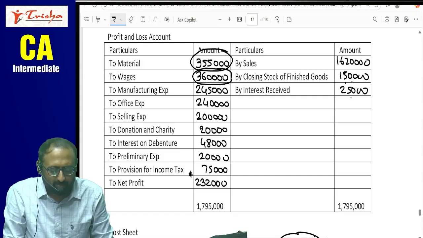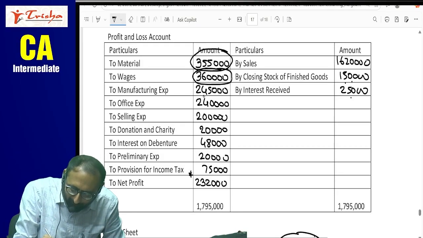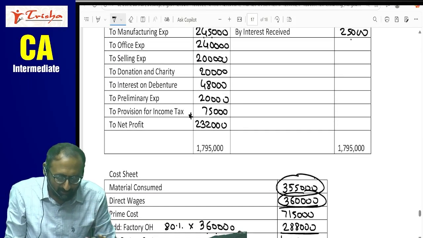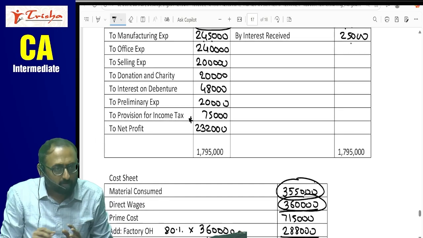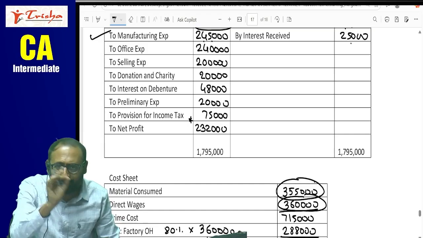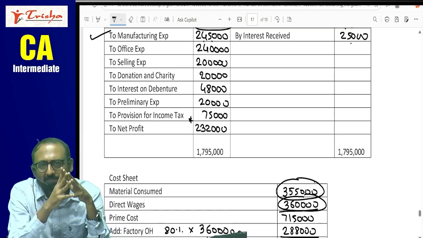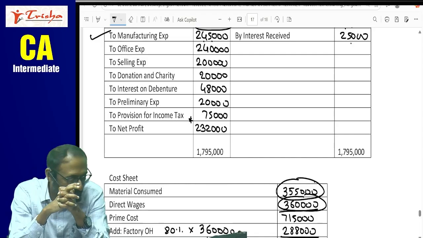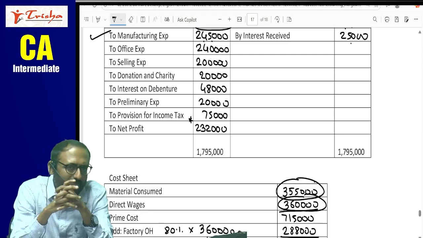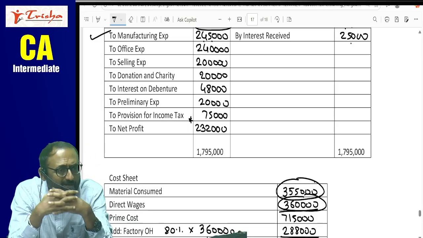Next one: manufacturing expenses are 2,45,000 under finance, but under costing it is 2,88,000. Fast answer is expected from all of you, face-to-face batch students and also online students. Quickly tell me whether there is an under absorption or an over absorption of factory overhead.